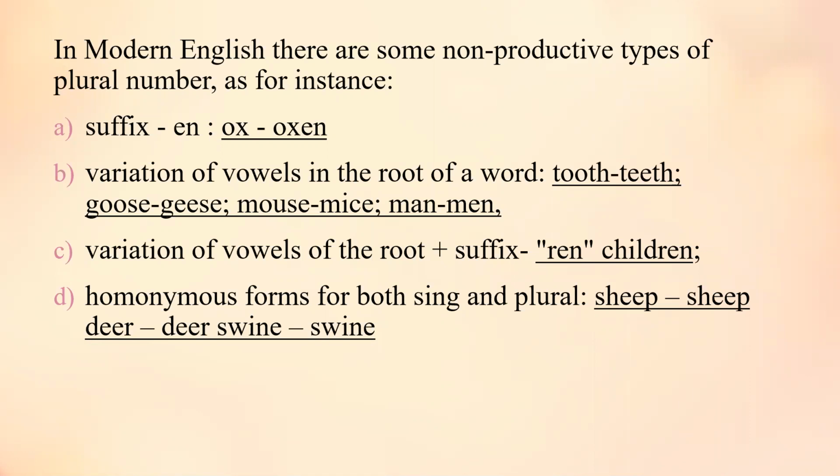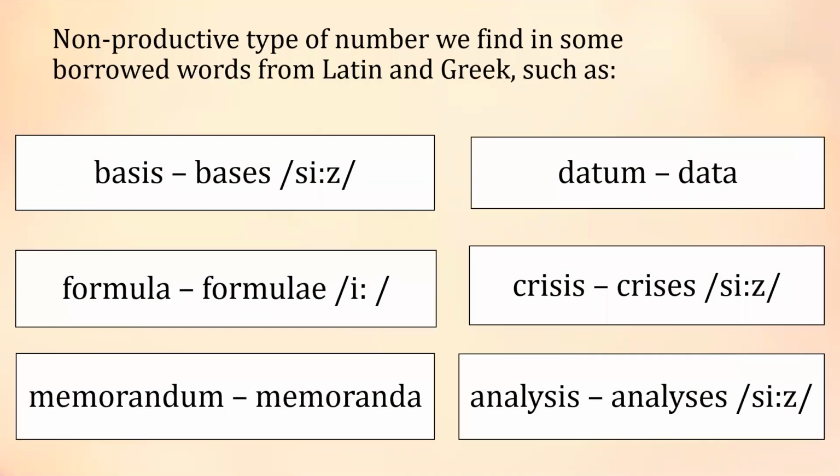For instance, the suffix en, oxen; variation of vowels in the root of the word, teeth, men, mice, geese; variation of vowels of the root and suffix, children; homonymous forms for both singular and plural, sheep, deer, swine. A non-productive type of number we find in some borrowed words from Latin and Greek, as you can see in that table.